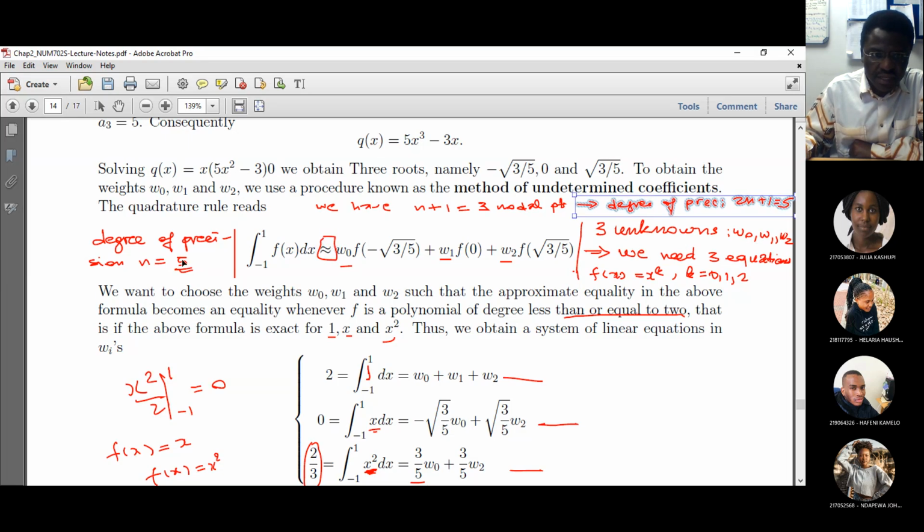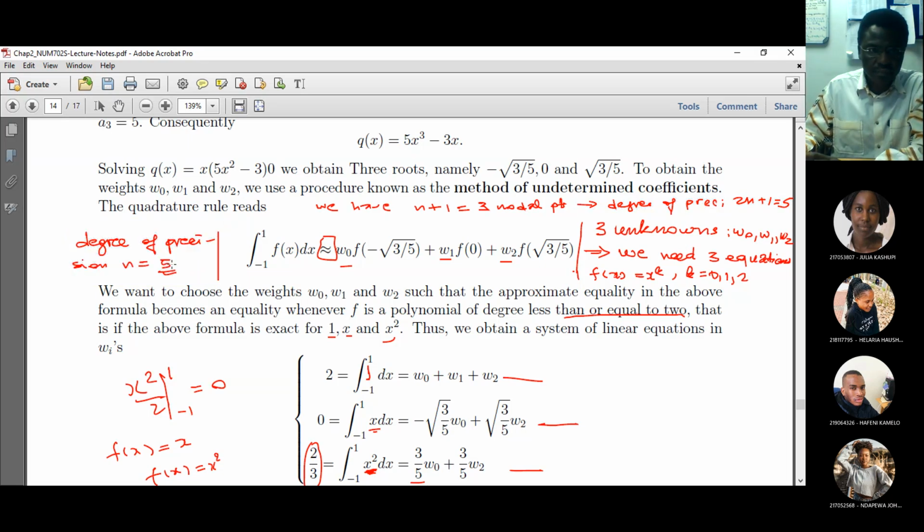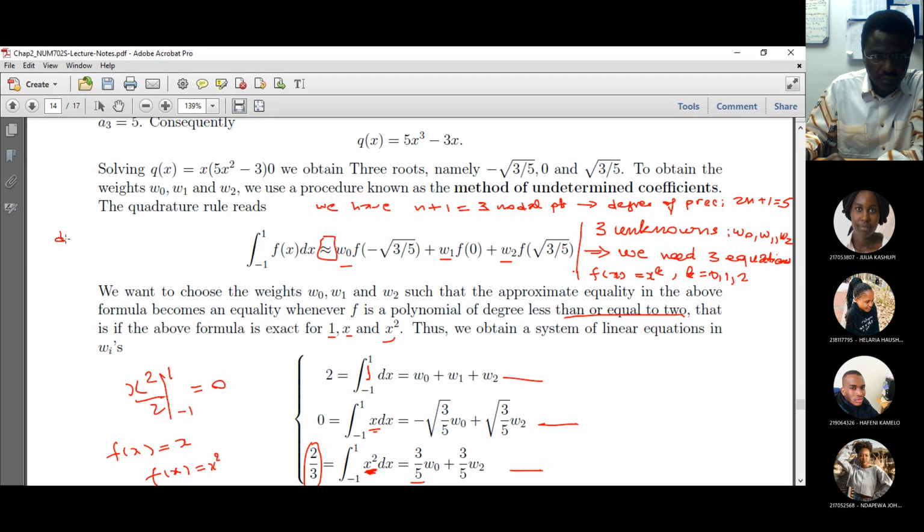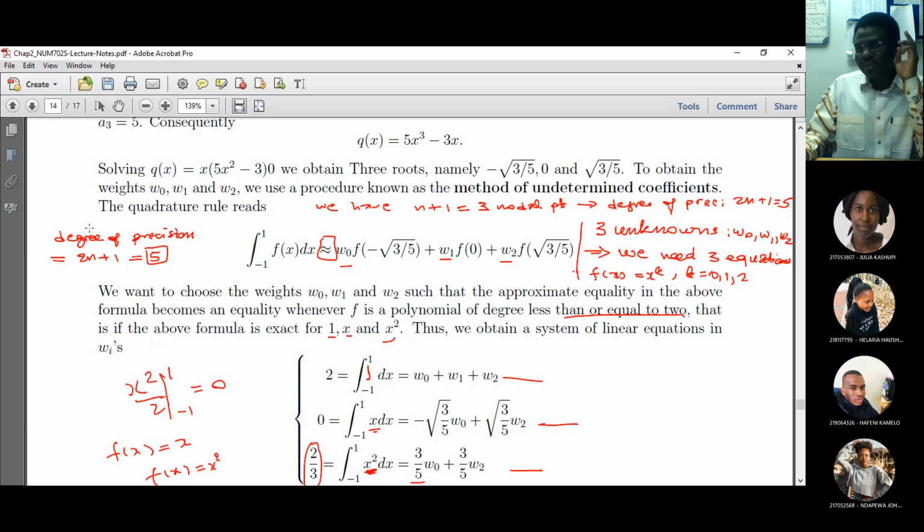So for the 3-point rule, the degree of precision is 5.